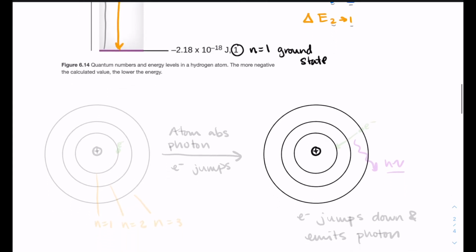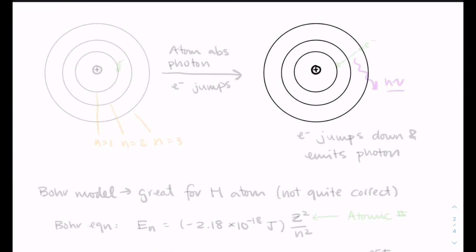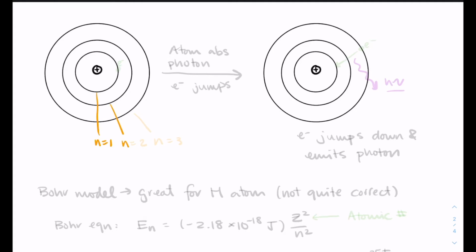A second way that we could show this is by showing this concentric circle version of an atom structure. We have the nucleus in the middle, and then the lowest energy level is the one that's closest to the nucleus. So it's my n equals 1, and the next circle out is n equals 2, the next circle out is n equals 3.